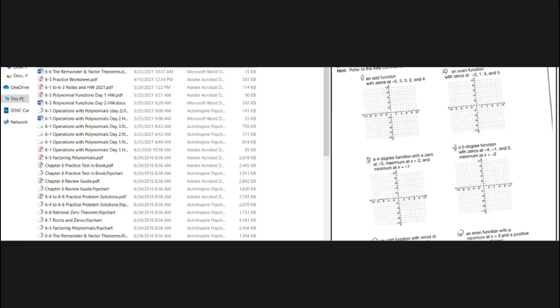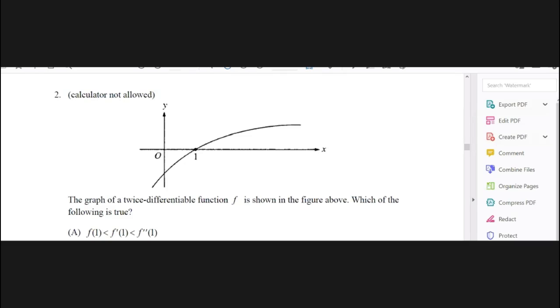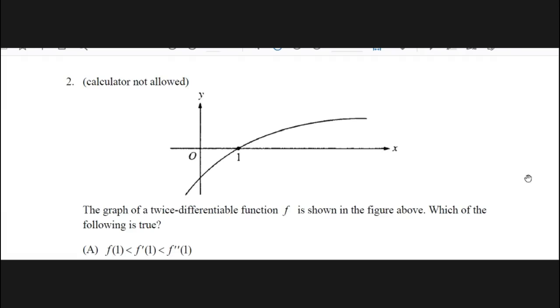So number 2. Again, in number 2, your correct answer was D. Let's talk about why. In number 2, we had a graph. We're told that the graph is twice differentiable and that this is the original curve.